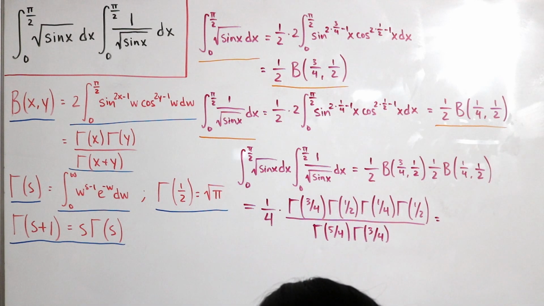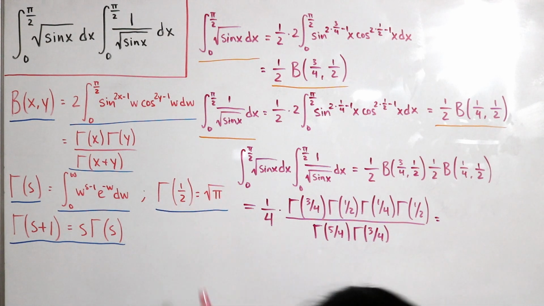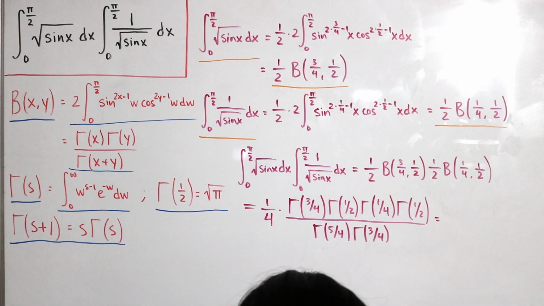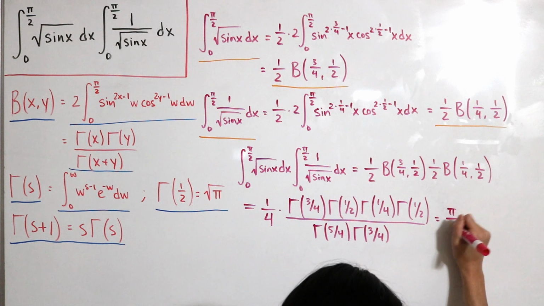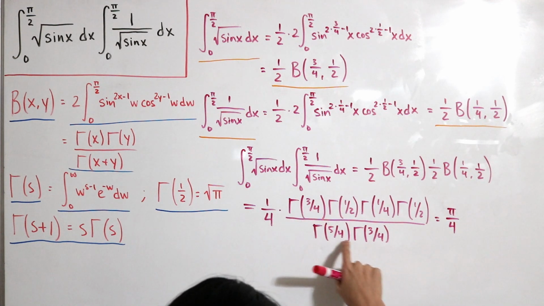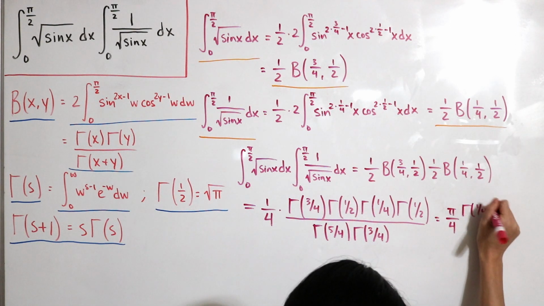Further simplifying, we know that gamma of 1/2 equals square root of pi, so we have 2 of them right here. Multiply the 2 together, so the square roots cancel, so it's just pi. Now we have pi divided by 4. The gamma of 3/4 cancels each other out, so now we're left with gamma of 1/4 divided by gamma of 5/4.